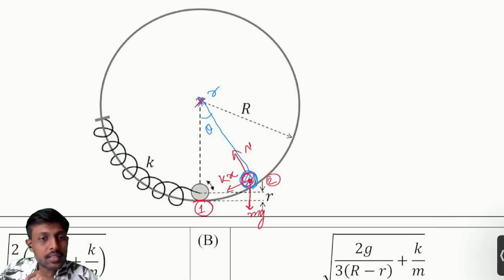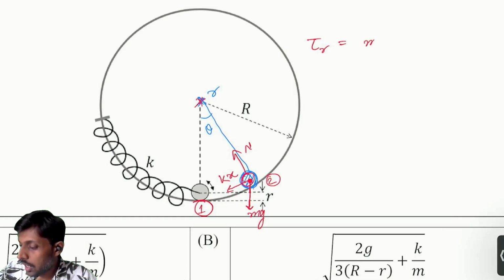So quickly, let's write the net torque expression then. Torque about this axis is the torque because of the gravitational force, which is mg sine theta. Since theta is small, we can write mg theta into the distance of the point of application from the axis, which is R minus r.